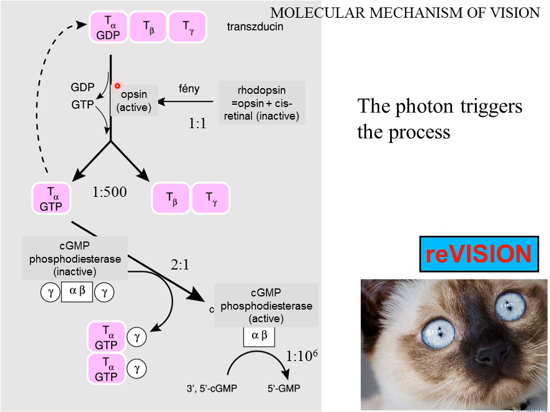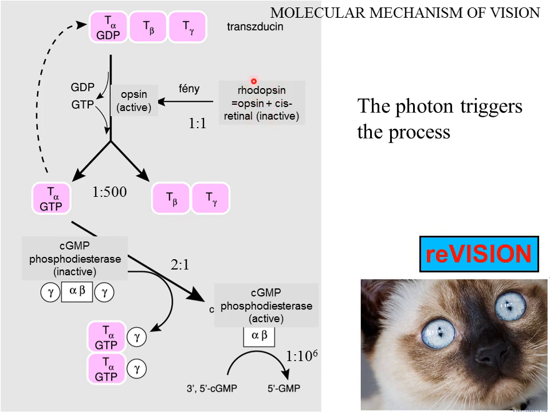And if light hits the rod or the cone, then the protein called rhodopsin changes because its prosthetic group, which is 11-cis-retinal, will change into all-trans-retinal, and dissociate from the protein called opsin, which together with retinal is called rhodopsin, and the freed opsin has a different conformation than in rhodopsin.